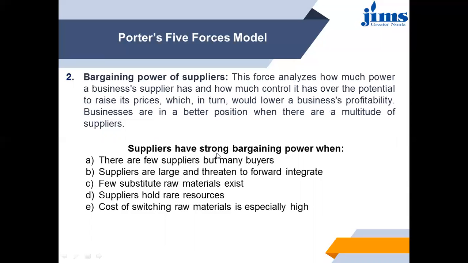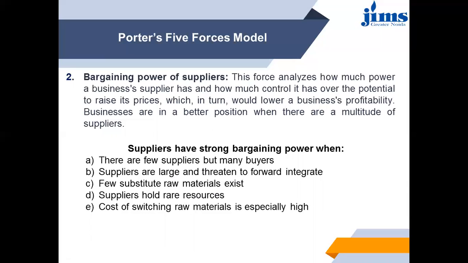The suppliers have strong bargaining power when there are few suppliers but many buyers, suppliers are large and threaten to forward integrate, few substitute raw materials exist, suppliers hold rare resources, or the cost of switching raw materials is especially high.